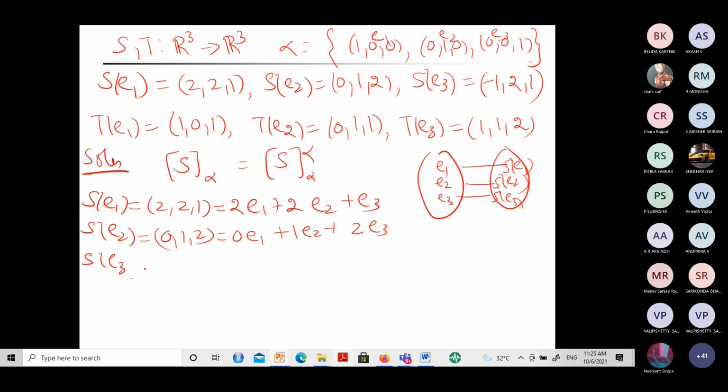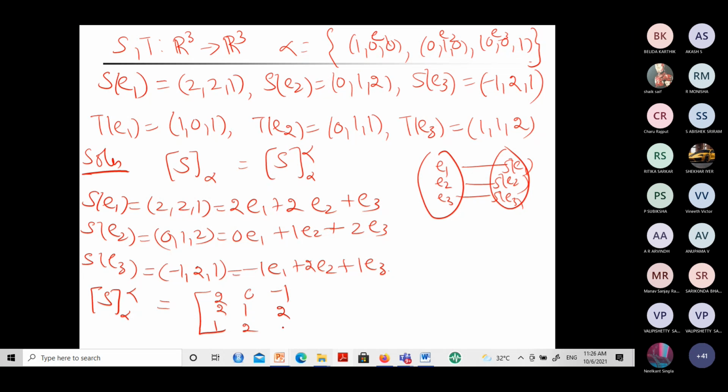S of E3 is minus 1, 2, 1, so minus 1 E1 plus 2 E2 plus 1 E3. So alpha to alpha is 2, 2, 1; 0, 1, 2; minus 1, 2, 1.